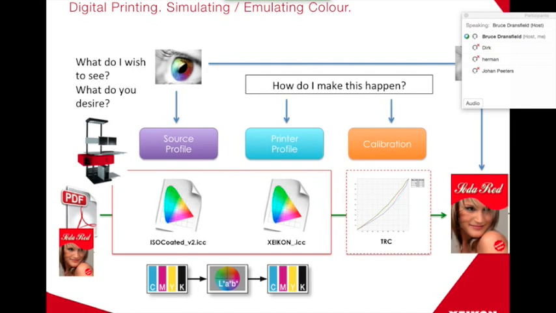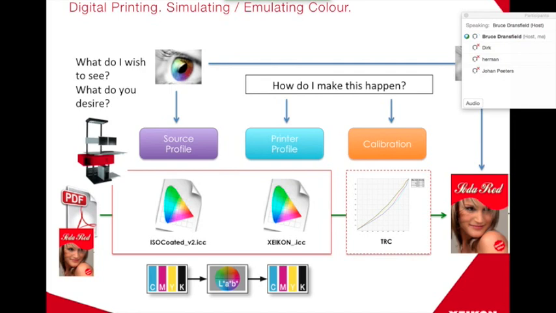So again, another simplified diagram of what's going on in the X800. We have our source profile, i.e. what would you like to see. We have our printer profile, which is linked to our calibration, and those two are the vehicle or the mechanics that allow that to happen.